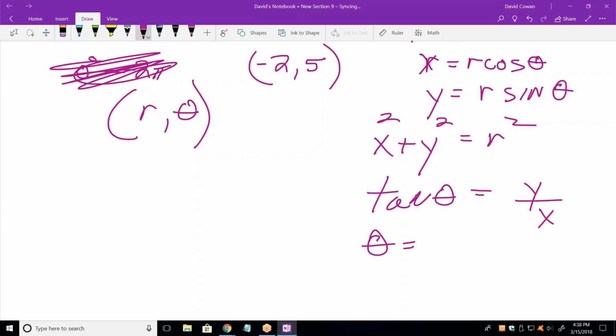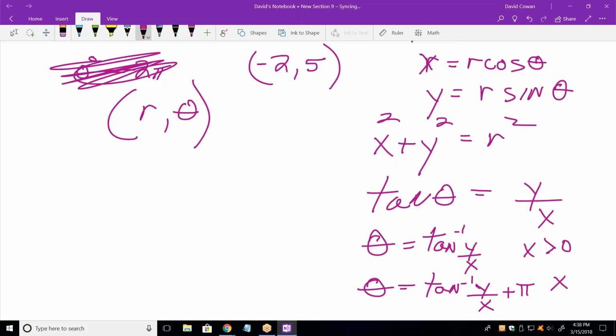Theta is equal to the inverse tan of y over x if x is positive, and this is what's weird about it, it's equal to the inverse tan of y over x plus pi if x is negative.